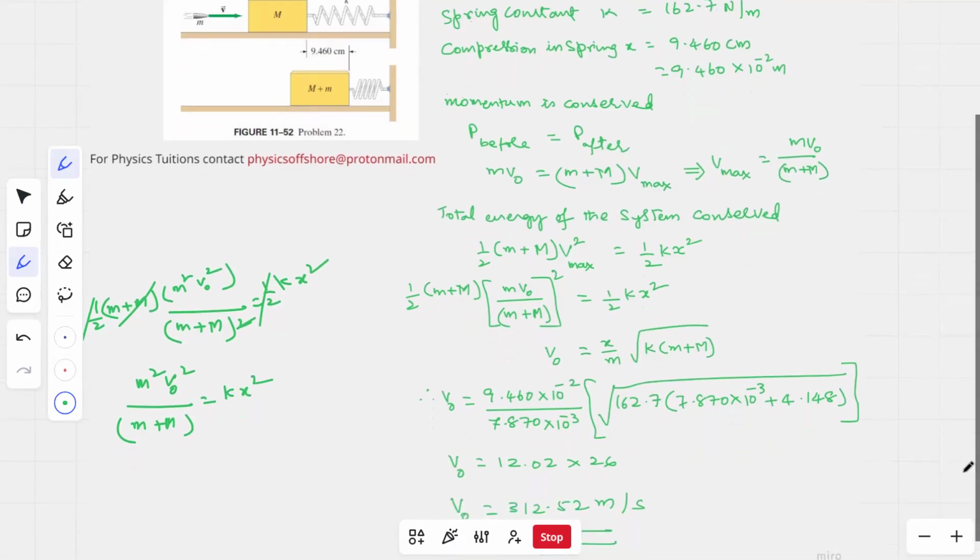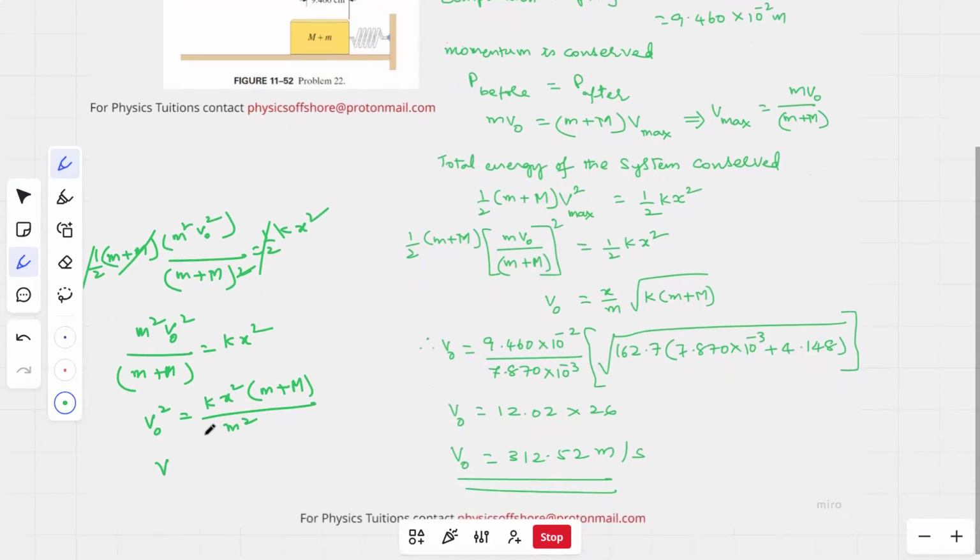Am I right? So here we are supposed to find out v naught square. v naught square is equal to k x square times (m plus M) divided by m square. So v naught is equal to x by m times the square root of k times (m plus M).